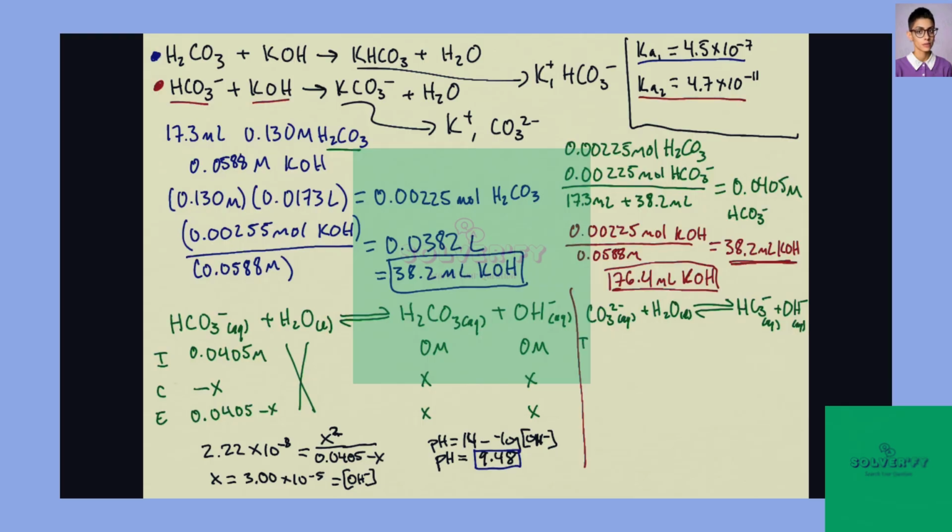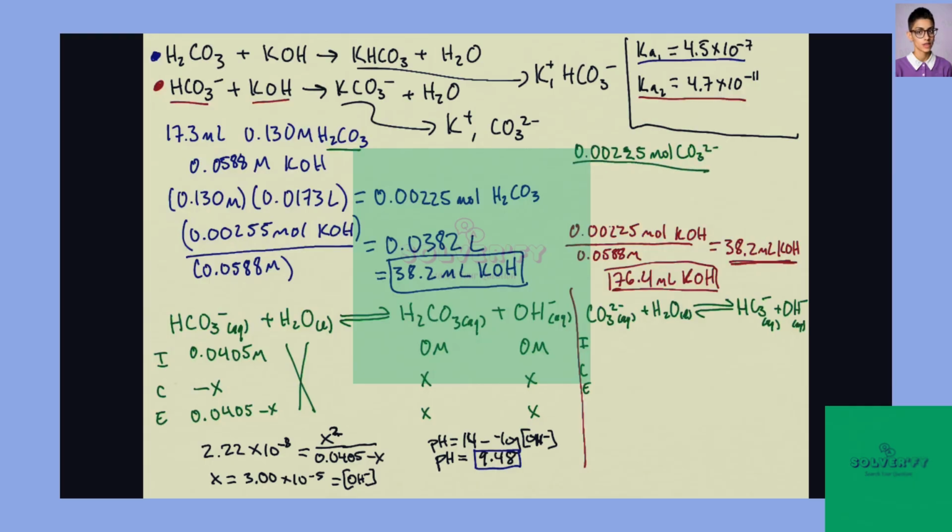And again, we make an ice table. Here, for our initial concentration of CO3 2-, we have reacted 0.00225 moles of HCO3- to form the same number of moles of CO3 2-.